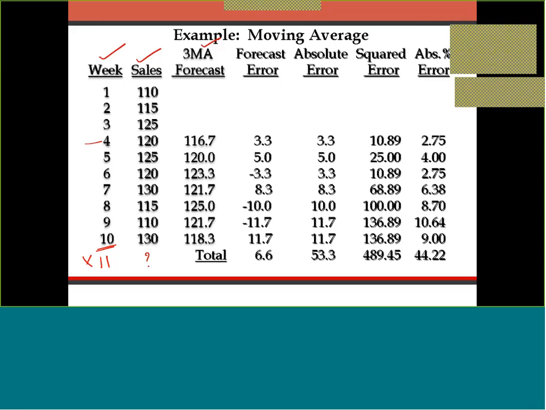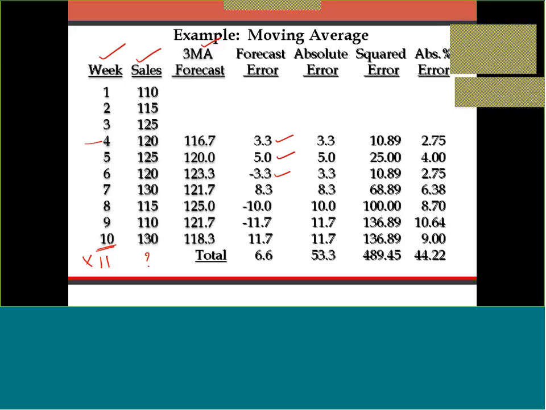Now forecast error: 120 minus 160.7, 125 minus 120, 120 minus 123.3. Yes, forecasting you have done, but accuracy you can do up to the 10th only, because up to the 10th only you have available data. Calculating the accuracy, if you remove one point it's not a problem.